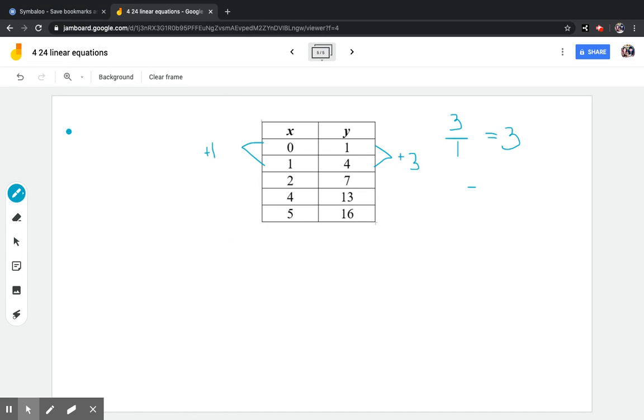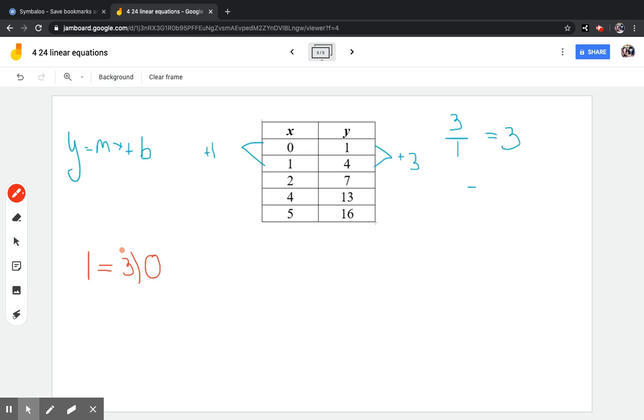So if I replaced my equation, I'll write that up again. Remember, y equals mx plus b. So if I rewrote my equation, replacing it with the easiest terms, so y equals 1, my x equals 0, and then I fill in what I know, so I know that 3 is my m.